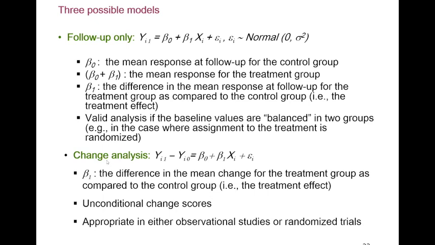Using this model, beta 1 is the estimated treatment effect. This model is sometimes called the unconditional change score, or unconditional change analysis. It is appropriate in either observational studies or randomized studies; it can be used for any types of these studies.